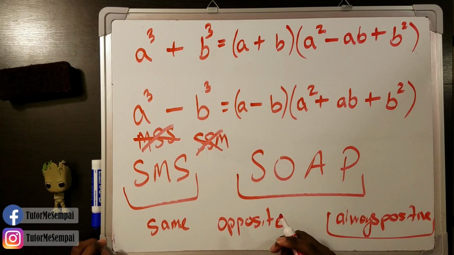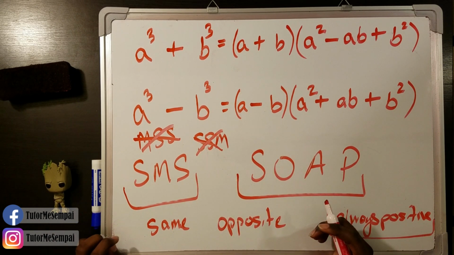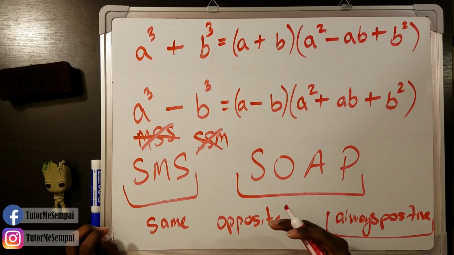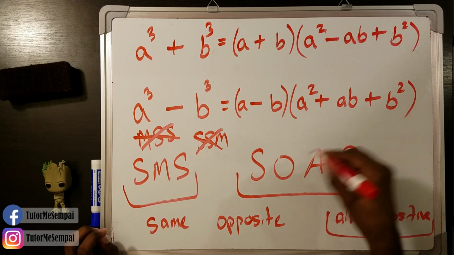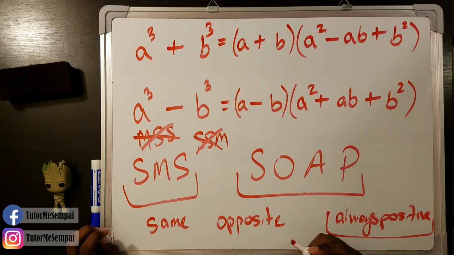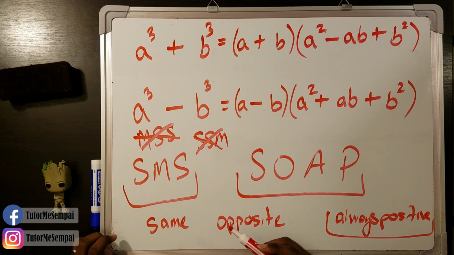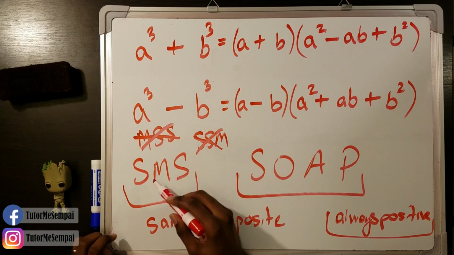And I'm here to help you with that. So if you're anything like me, and this is going to be completely unrelated to math necessarily, but this is how I can remember this. I like to sing in the shower, and this SOAP here is making me think of a shower. So I like to put a little story to this. This looks like sing more songs, right? For me, in my head, I'm looking at this as sing more songs.